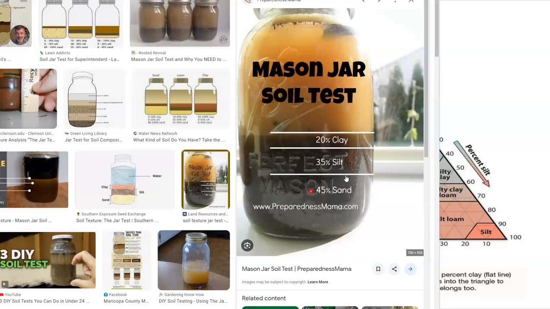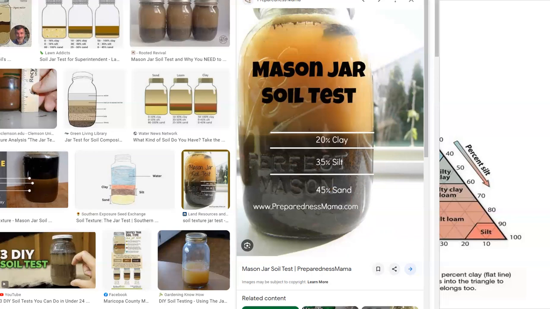If we took this to determine what type of soil this is, we've got 45% sand, 35% silt, and 20% clay. You literally just hold up a tape measure to the side of this, you see that you've got 4 inches of sedimented soil, and you measure how much each one is, do some math, and figure out the percentage.